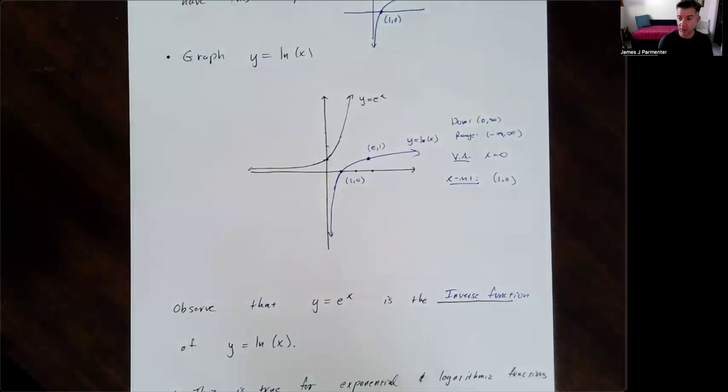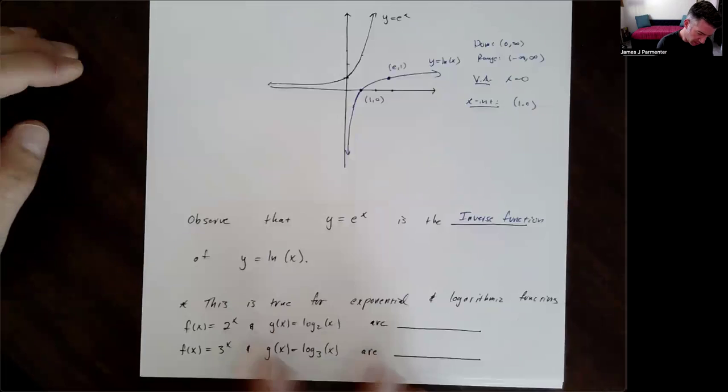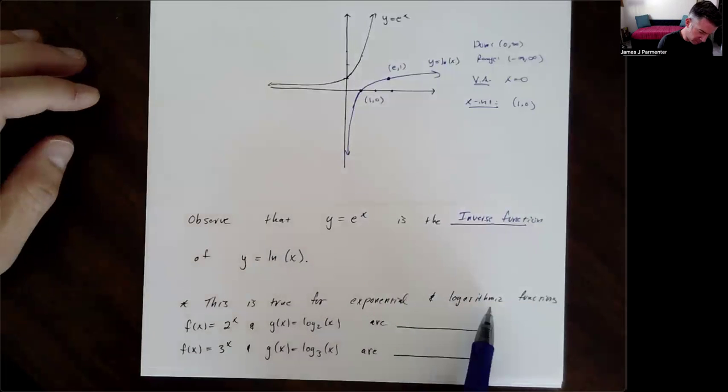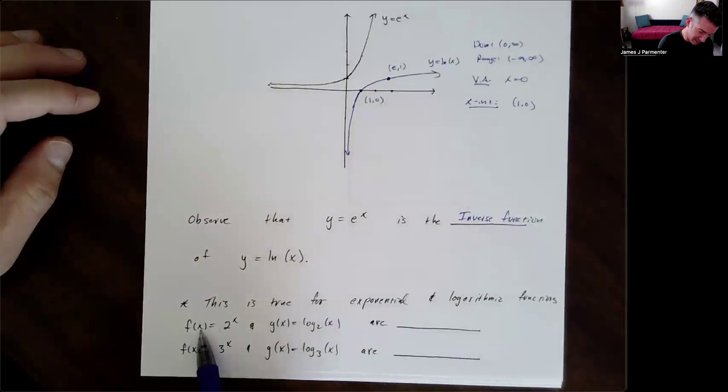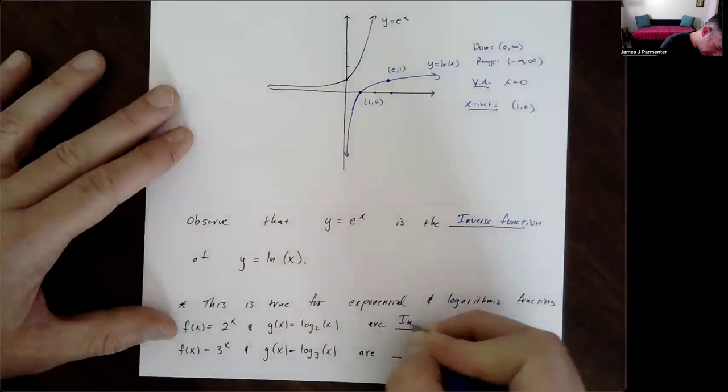So every exponential function and logarithmic function with the same base are inverse functions of each other. So for example, I said this is true for exponential and logarithmic functions: if f of x equals 2 to the x and g of x equals log base 2 of x, they are inverse functions.